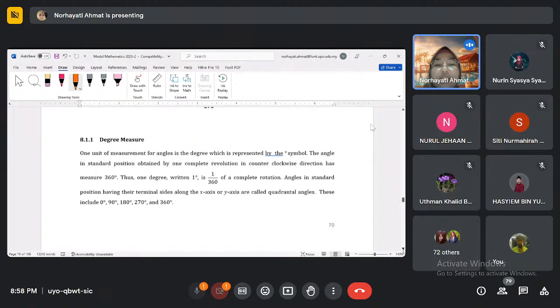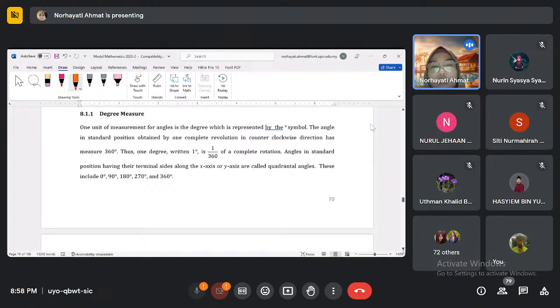Okay, so how to measure an angle? So we have a standard unit for angle, okay, which is degree measure. Okay, we always use degree. So this is the symbol. Okay, yang ni ada white circle, small circle.